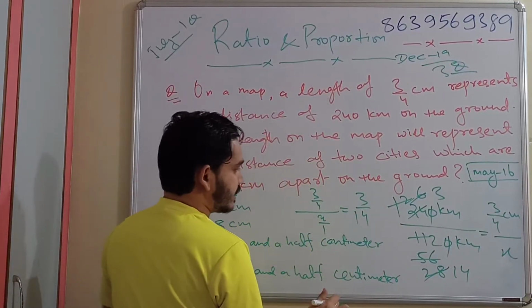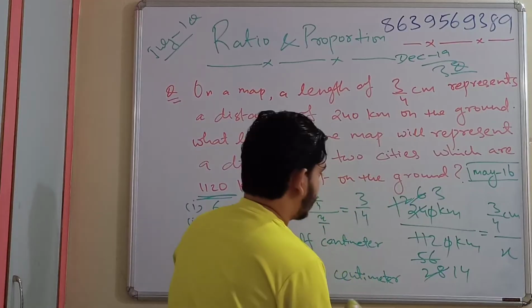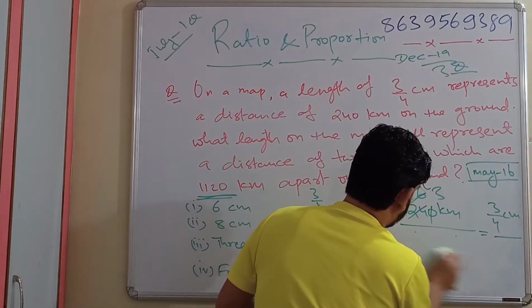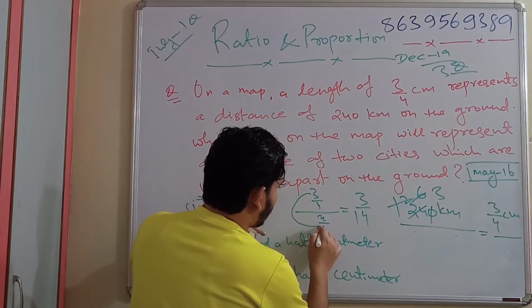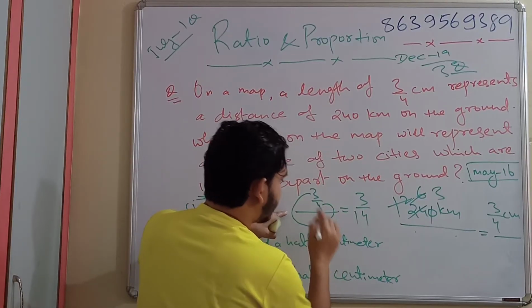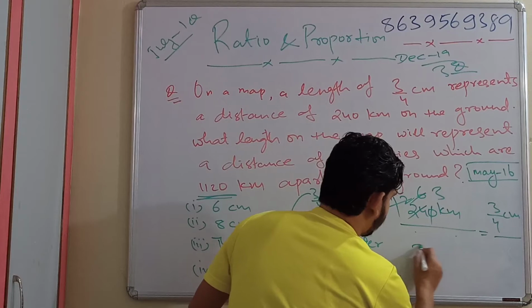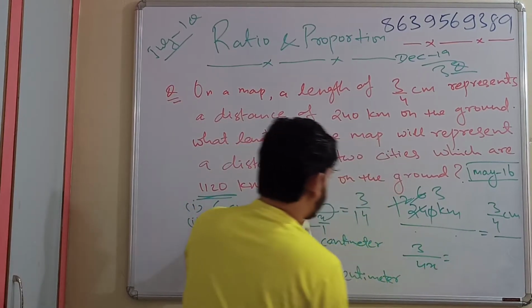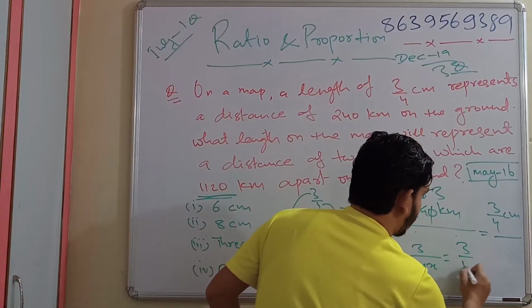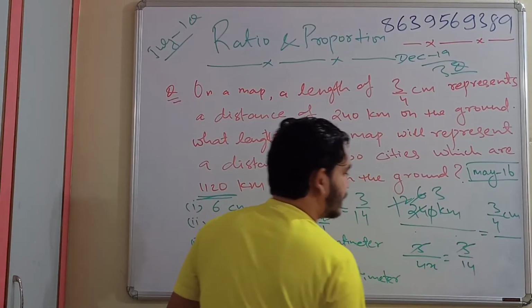So I can write this as, multiplying the extremes and multiplying the means, 3 by 4 x is equal to 3 by 14. Now 3 and 3 cancel on each side.